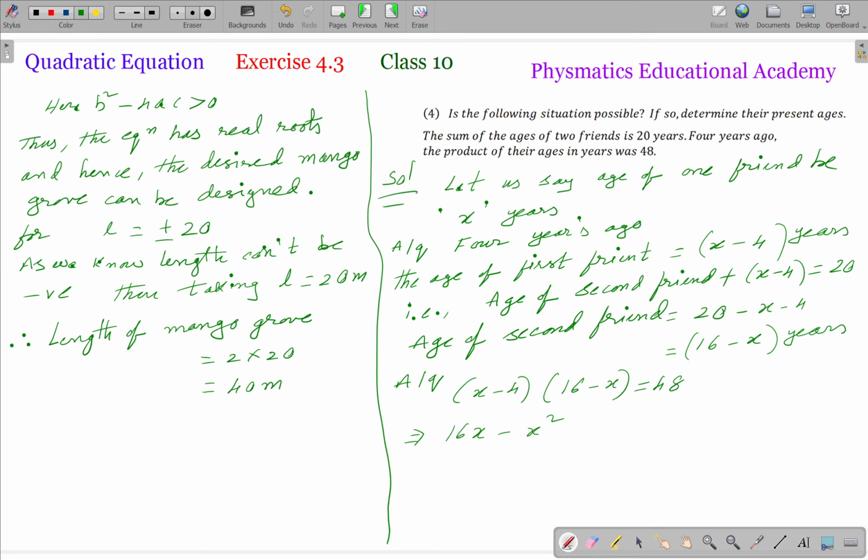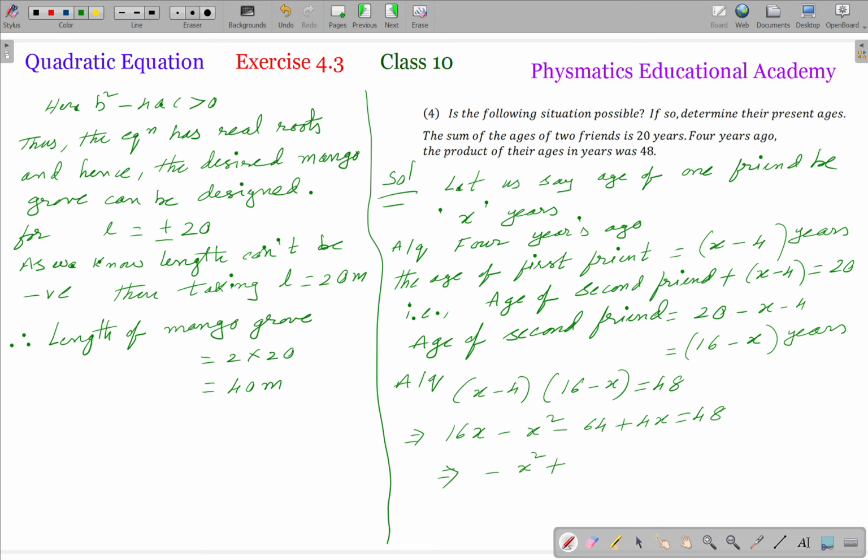Further simplification: 16x minus x square minus 64 plus 4x is equal to 48.